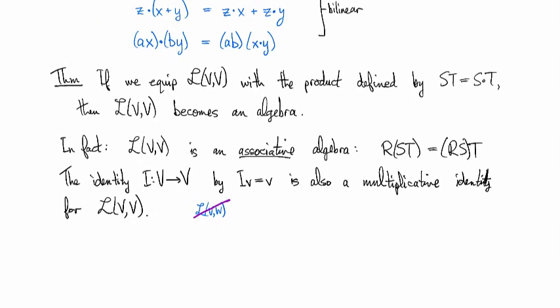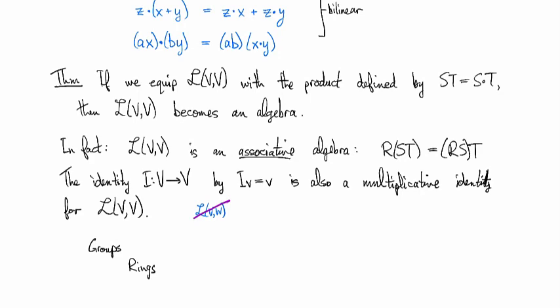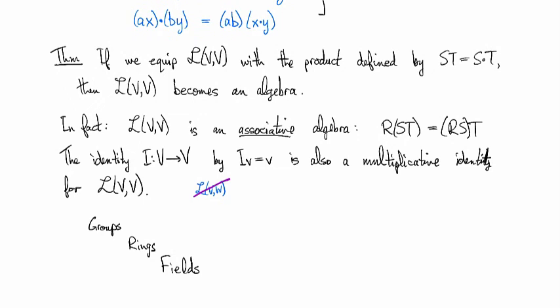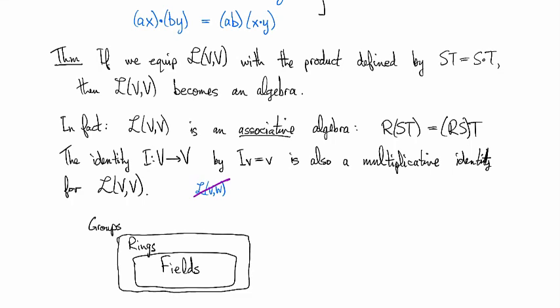And so once upon a time, I talked about a bunch of other words that we're not going to use again for the rest of the course. I talked about groups and rings and fields. And I said that fields are a subclass of rings. Namely, there are rings where you have multiplicative inverses. And then groups are a simpler object altogether, where you don't even have the multiplication.